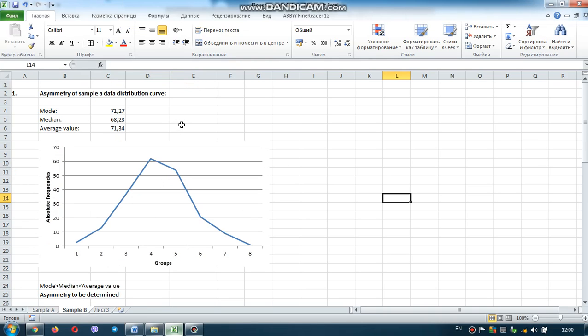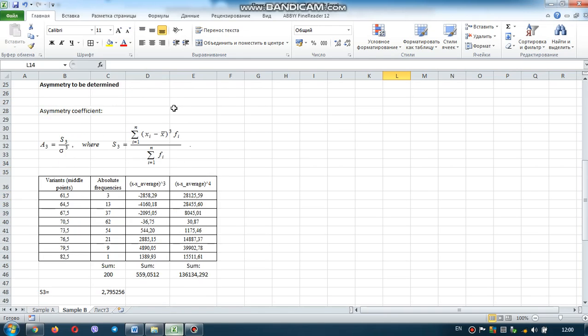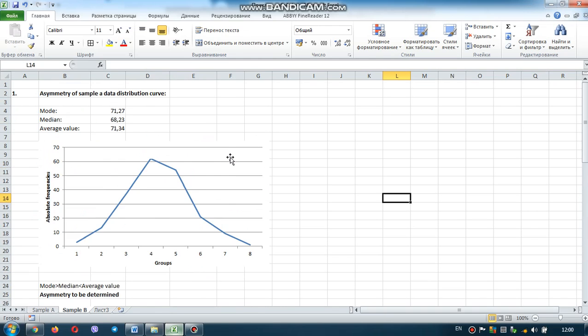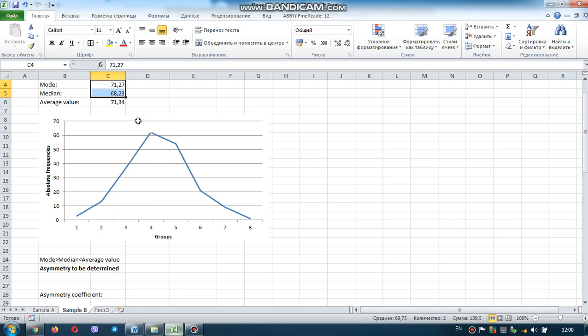In the same way, we calculate the asymmetry and excess value for sample B, but we have to consider the mode and median value for this sample and the average value. Be attentive, because you have to consider only the weighted average value because it is sample B. Mode value and median value are also calculated for the interval distribution series.